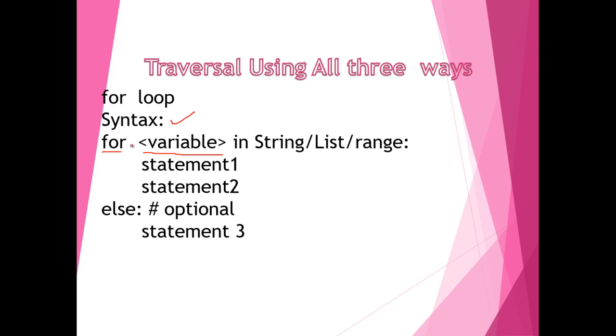After that you have to write in, and after that either you will write a particular string, or a list of values, or a range. You can choose any one of these three options.